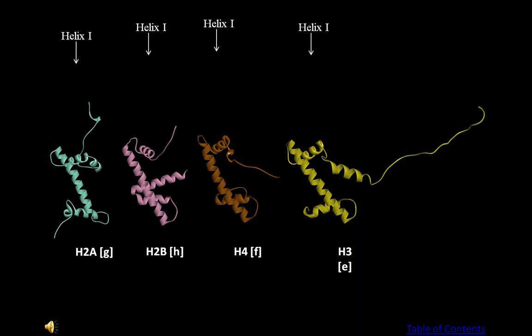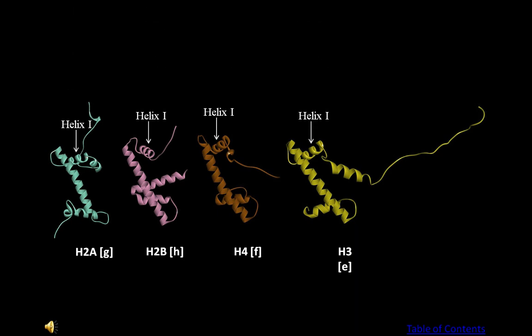I've lined them up so that helix 1 is approximately collinear for all 4 subunits in this view. What I want to show you is that 3 out of 4 of these subunits have an extra alpha helix in their N-termini proximal to helix 1.